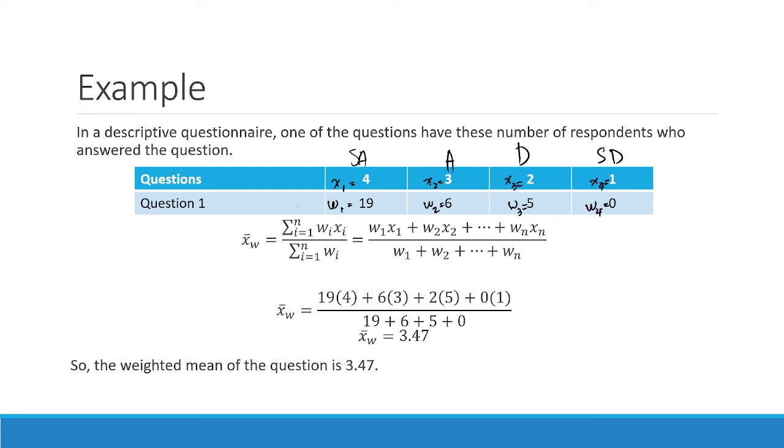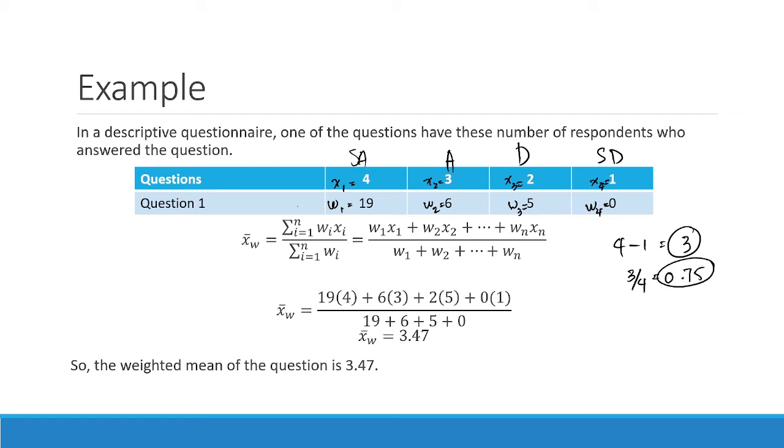You just need to divide your range from 1 to 4. Meaning, you can subtract your lowest value from your highest value. So you have 4 minus 1, which is equal to 3. And that 3, you divide by the number of responses, which is 4. So, 3 divided by 4 is equal to 0.75.